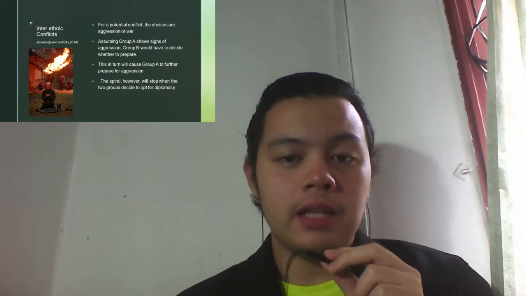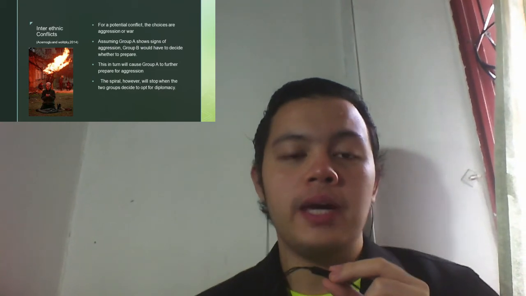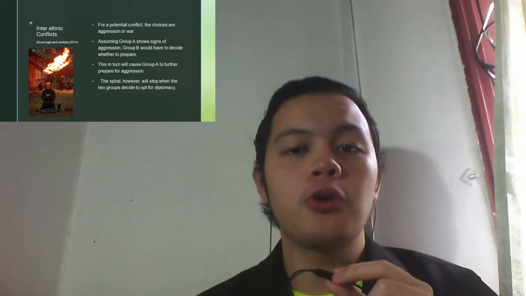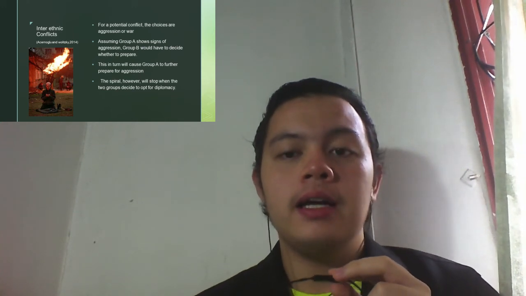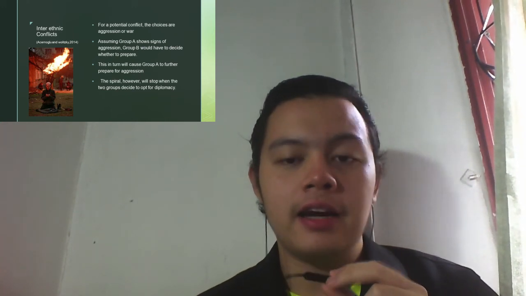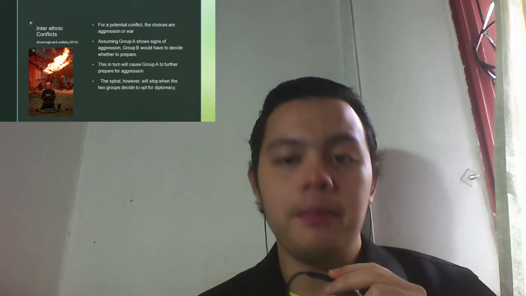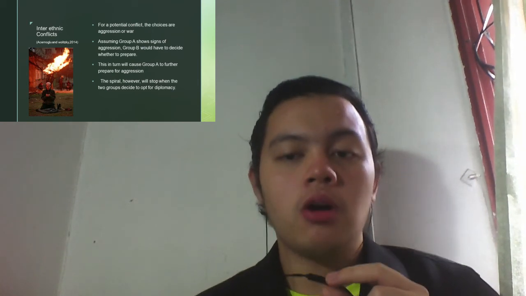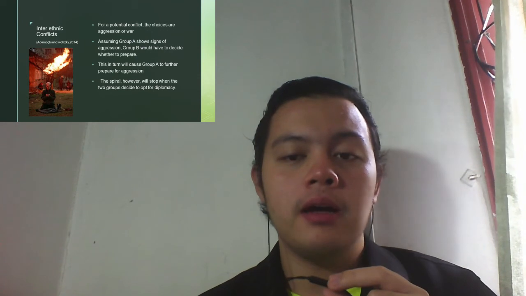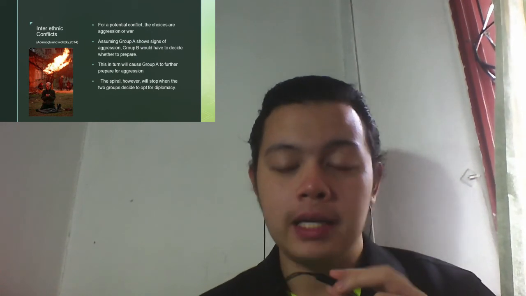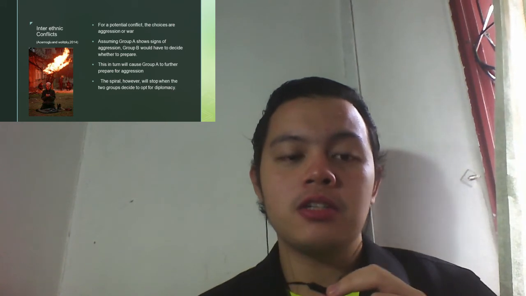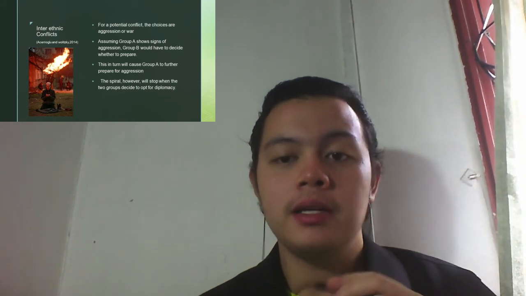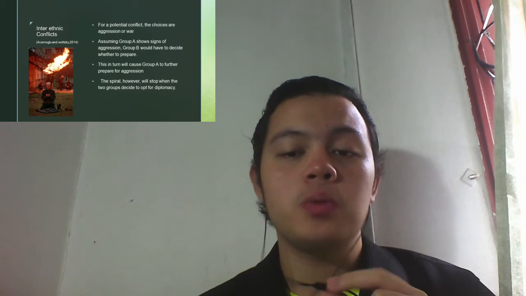So the illustration given is that assuming Group A shows signs of aggression, Group B will have to decide whether to prepare for aggression or not, in order to prepare for an attack from the opposing group. This in turn will cause Group A to further prepare for retaliation from Group B. Hence, this will cause a spiral in which both sides continue to prepare for aggression. However, the spiral will end when the two groups decide to opt for diplomacy.